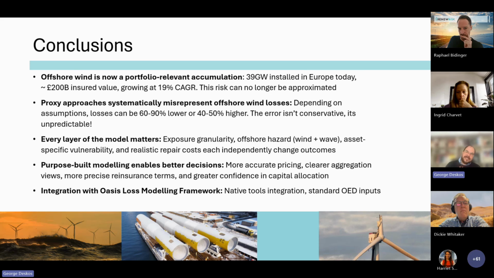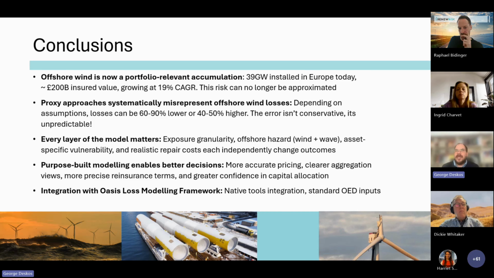And what the case studies showed, particularly adding the counterintuitive example in the end, is that depending on the assumptions you make, the loss can be 60 to 90% lower or 40 to 50% higher. To me, that means that this is not a conservative approach. It's just that the error is unpredictable. So you have to do it properly.